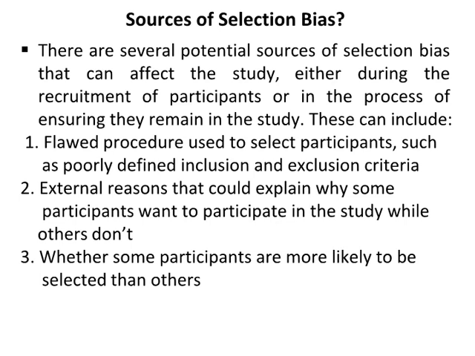Number two source of selection bias is external reasons that could explain why some participants want to participate in the study while others don't. Number three source of selection bias is whether some participants are more likely to be selected than others.